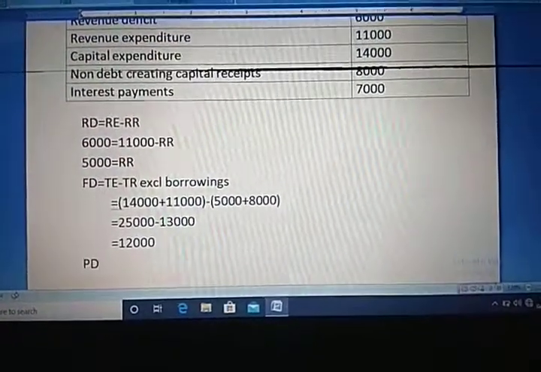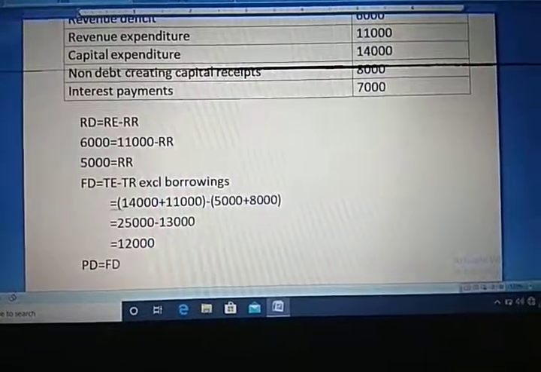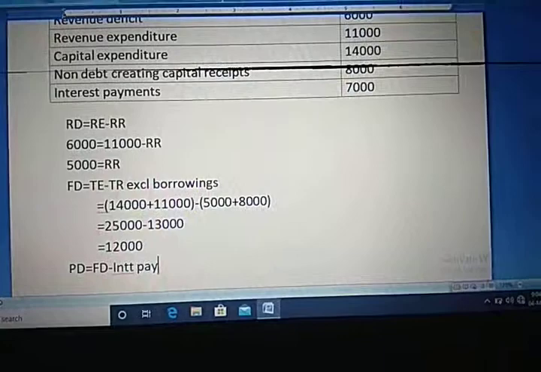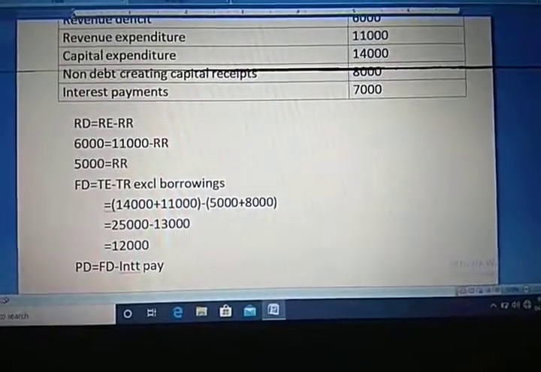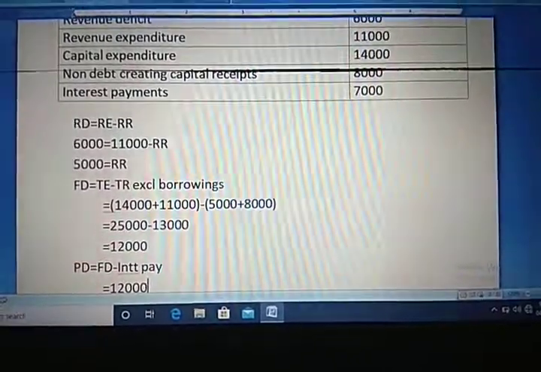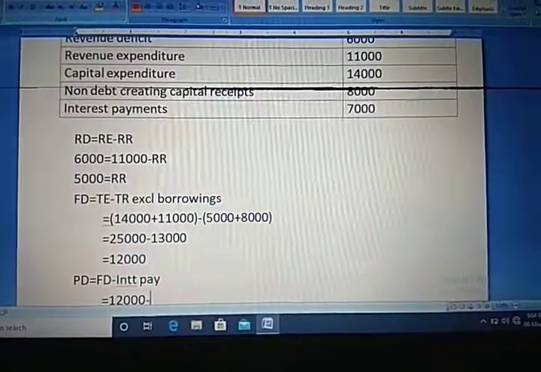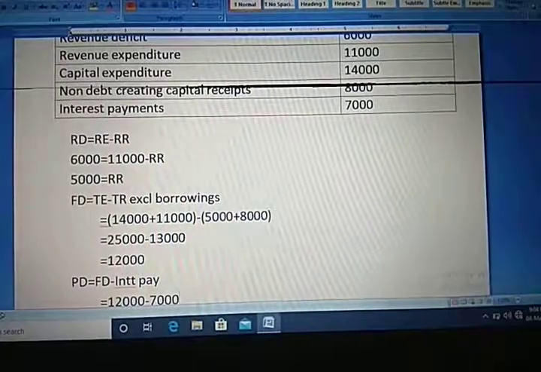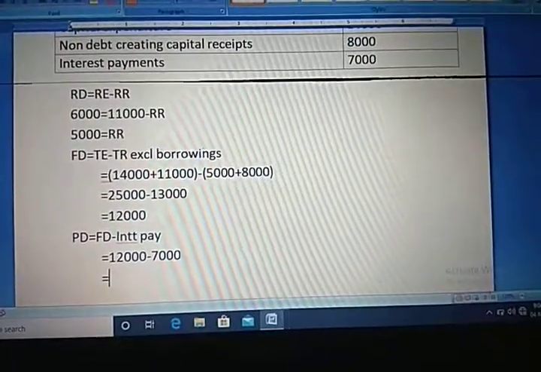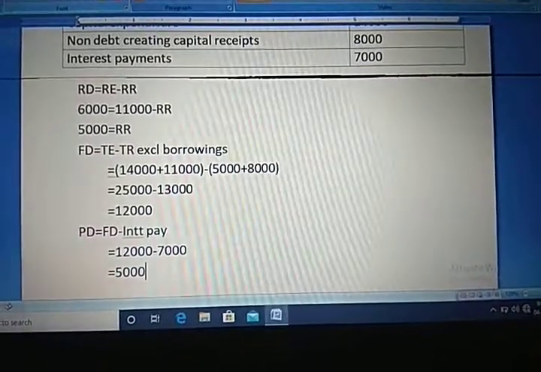Primary deficit is equal to fiscal deficit minus interest payment. Putting in the values, fiscal deficit was calculated as 12,000, and interest payment is given in the question as 7,000. So we get the answer, which is equal to 5,000 crores.